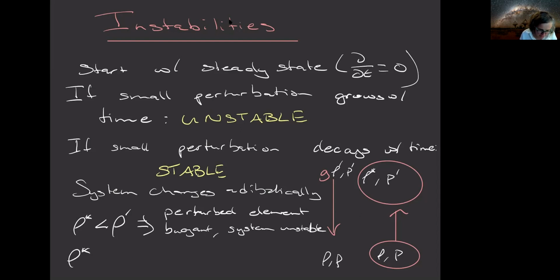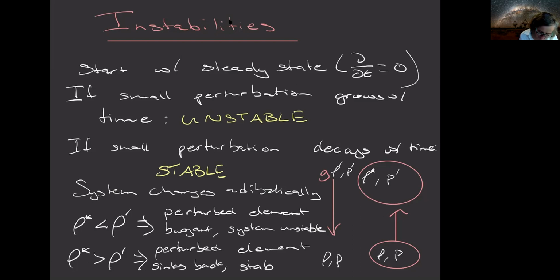Alternatively, if rho star is greater than rho prime, then because this is in the presence of a gravitational field, that element just sinks back and the system is stable. It just comes back down to where it was and everything's okay again. So the perturbed element sinks back and it's stable.